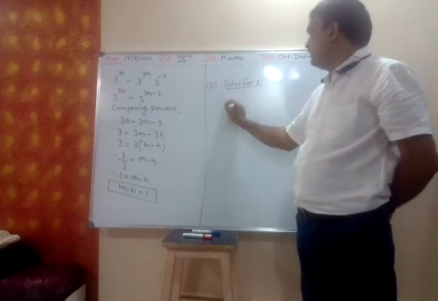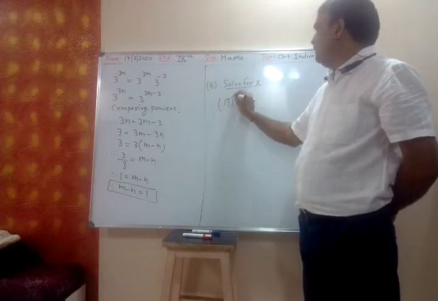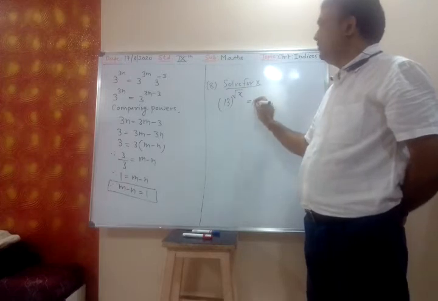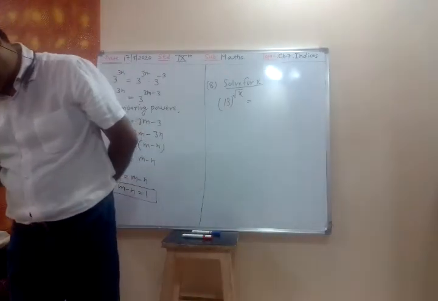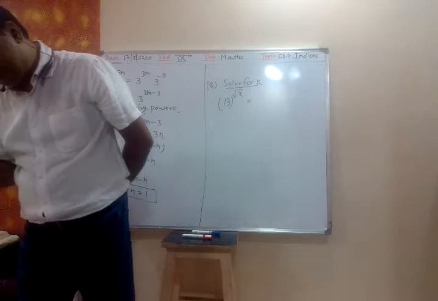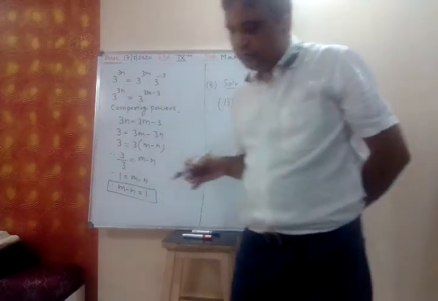13 raised to root x is equal to 4 raised to 4 minus 3 raised to 4 minus 6.